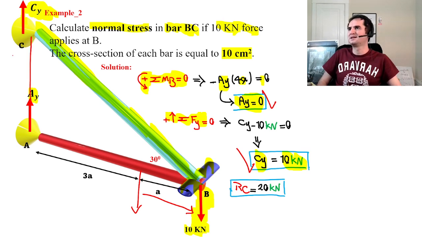If this is Cy and that's 10, so RC is 20. Due to the 30 degree, if the opposite to 30 degree is 10, the hypotenuse is twice that, that's 20.